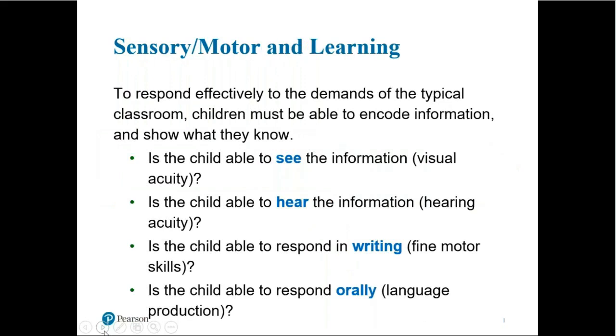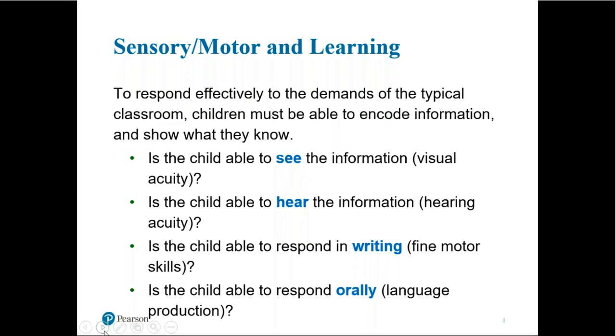So if we think about some of the processes, some of the inputs and those outputs, let's think about sensorial motor aspects and learning. To respond effectively to the demands of the typical classroom, children must be able to encode information and show what they know. Some of the questions that we like to ask our clients when we're doing our comprehensive clinical interview are, for example, is the child able to see the information?